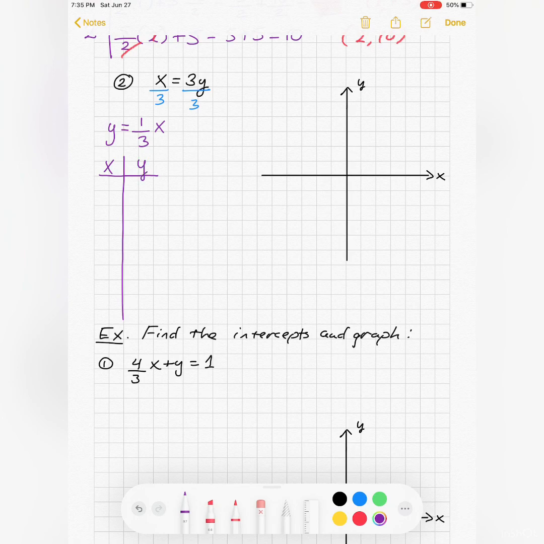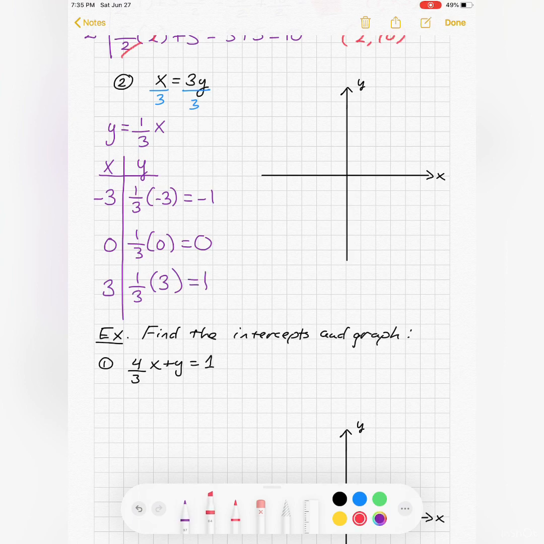Now, I kind of think since I have that 3 in there, what if I did something like this? Picked multiples of 3. That way I'll get nice numbers when I plug them in. Can always add to my table if I need to.